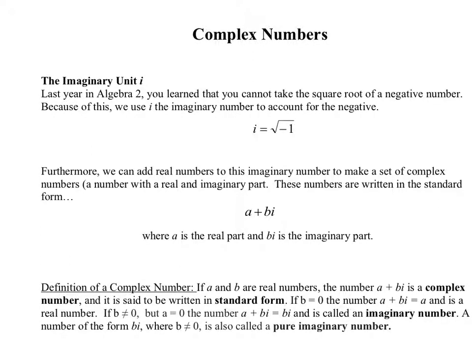Okay, Longhorns, we have another section on reviewing complex numbers, and I'm going to go over very quickly what a complex number is and some operations that we do with complex numbers.